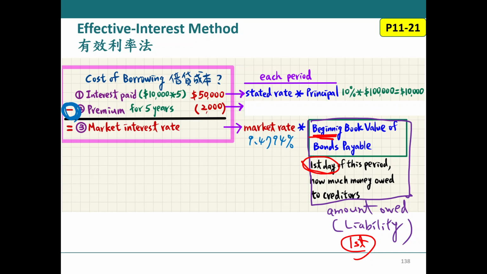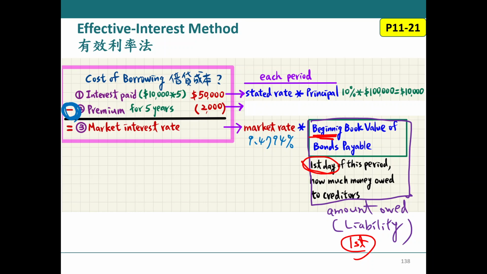And when the time passes, interest is incurred, okay? So if you borrow money today, will we have an interest today? No, okay? So interest always incurs the next day. So that's why based on the first day, how much money you owed, and the time passed, interest incurred, okay? So that's how we got our total cost of borrowing.